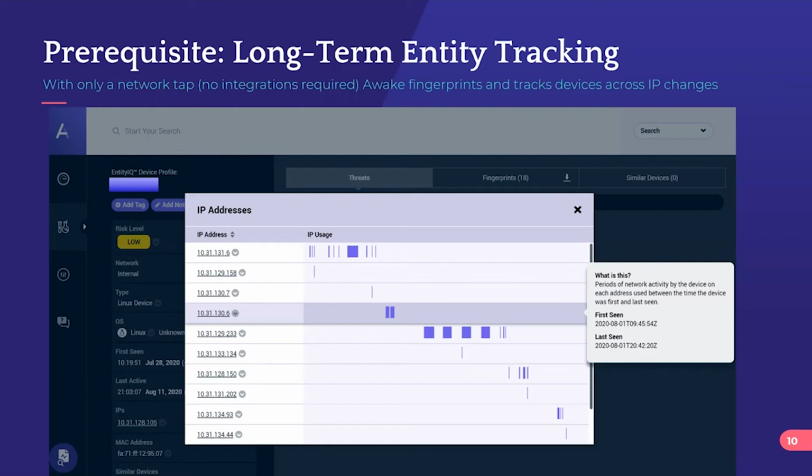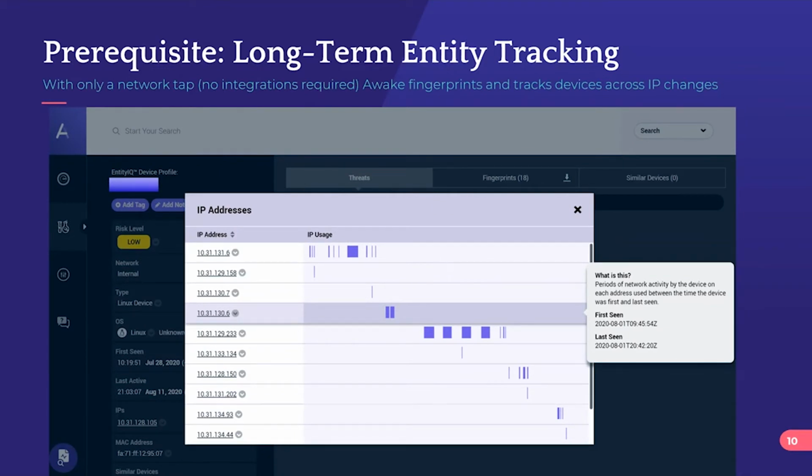It could be Windows one hour and Android the next hour, whatever the case may be. And so if you're going to do analytics on network traffic and assess what is normal, abnormal, common, uncommon, and what the patterns of behavior are over time.